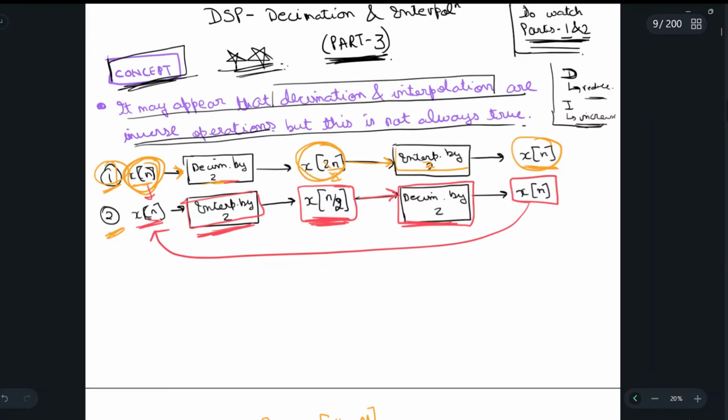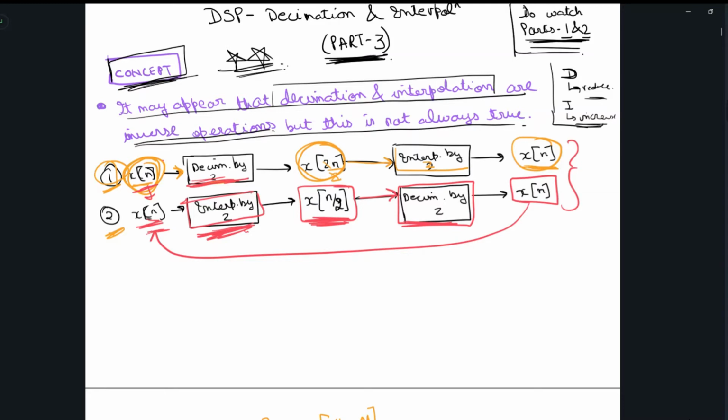Now the question arises: which one of these will give us the correct form of the original signal x(n)? Whether we should do decimation first or interpolation first. In my second video I had discussed that we have to do interpolation first, whatever be the case, then only we will get the answer correctly.